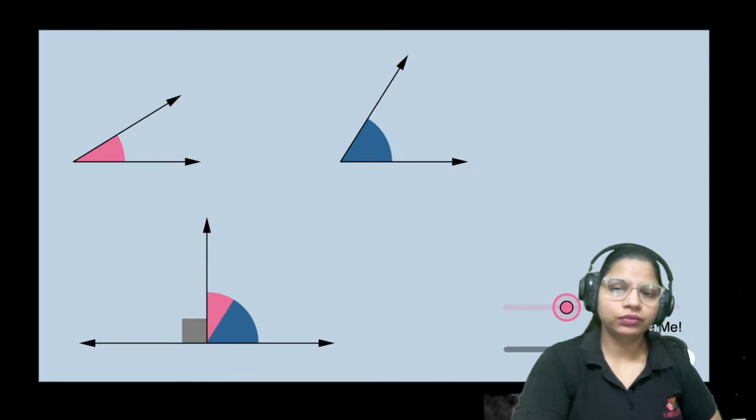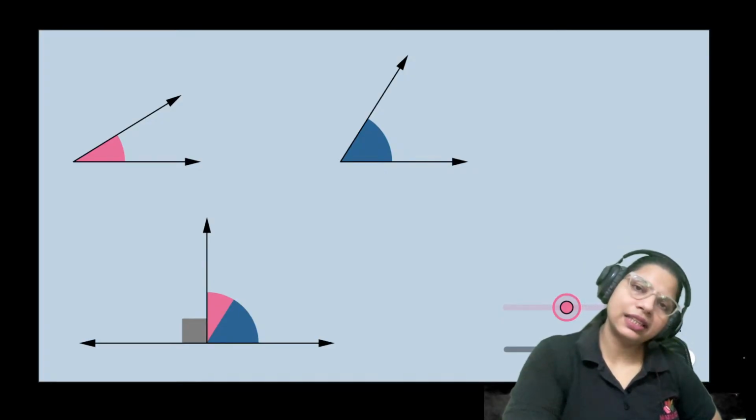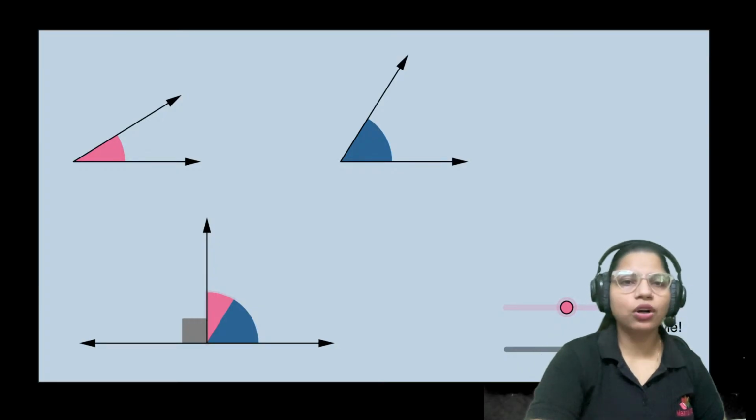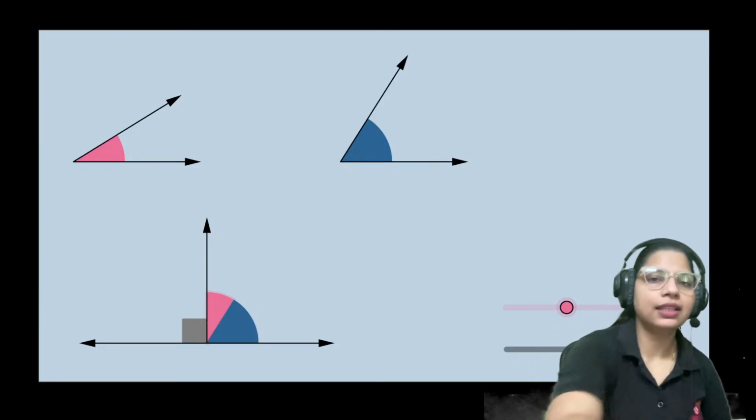Think. If the blue thingy is 60, what would the pink one be? Yes, 30 degrees. So they are complementary angles. I hope you're understanding them.